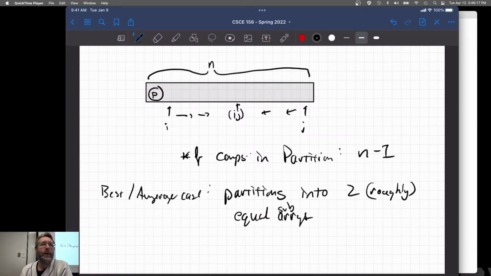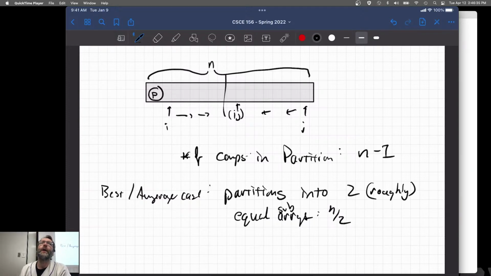Well, if you have two roughly equal subarrays, and the original array was n elements, about how many are in each now? n divided by 2. Okay?